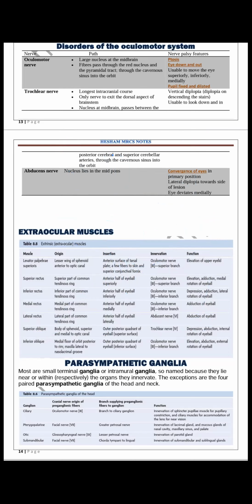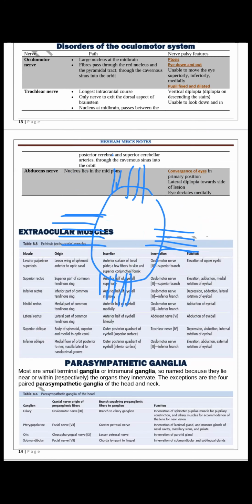Again, recti: superior rectus for elevation, inferior rectus for depression, medial rectus for adduction, while lateral rectus for abduction. Superior oblique for depression and abduction. Inferior oblique for elevation and abduction.